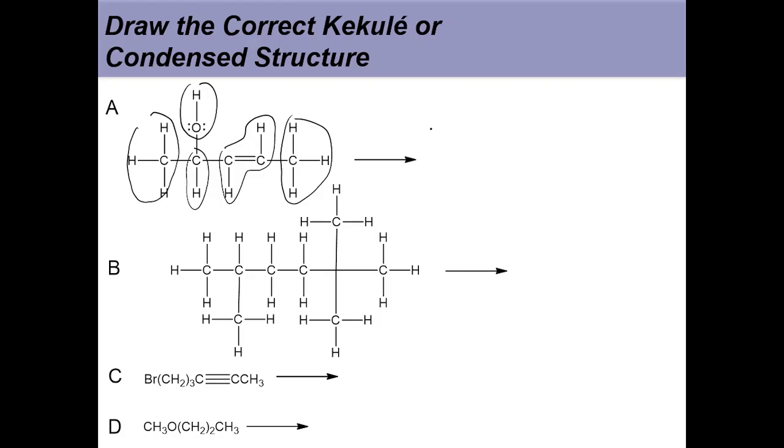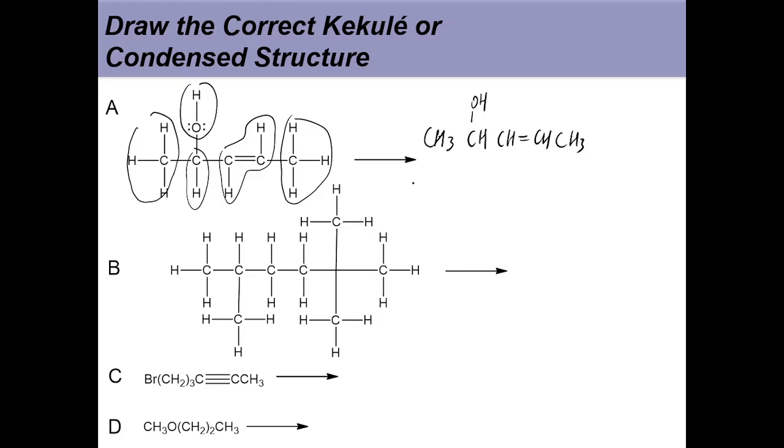So here's how we're going to do it. CH3 bound directly to CH. Now this CH on the side, you'll have an OH. And CH is directly bound to CH double bond CH. And then next CH3.